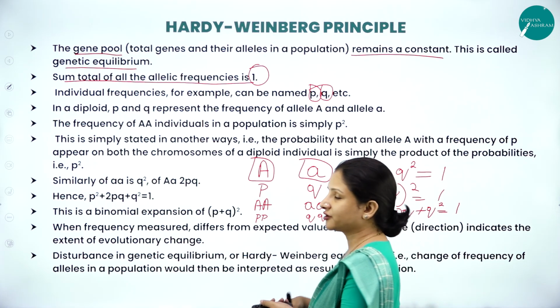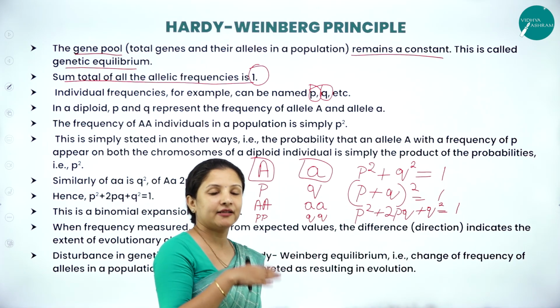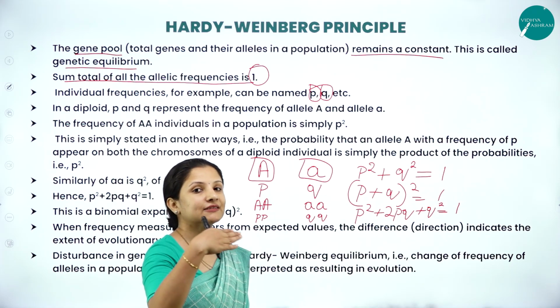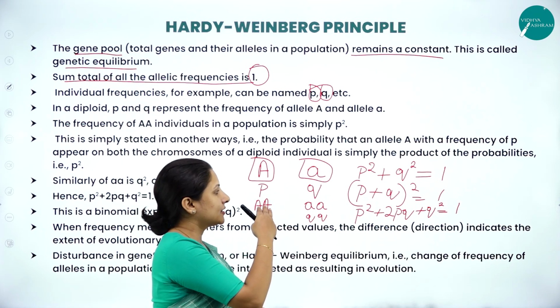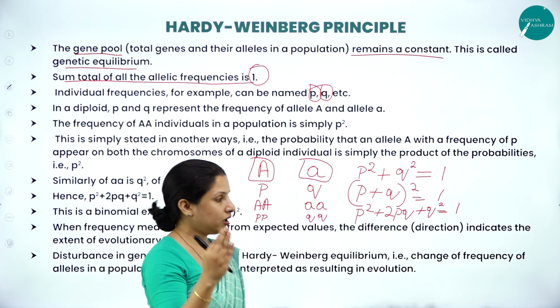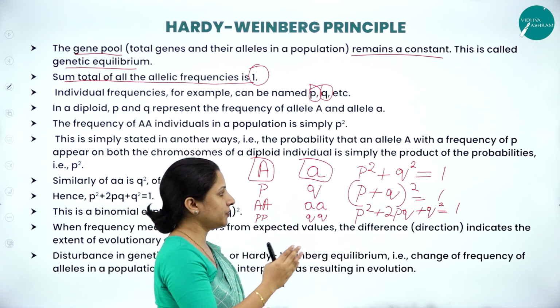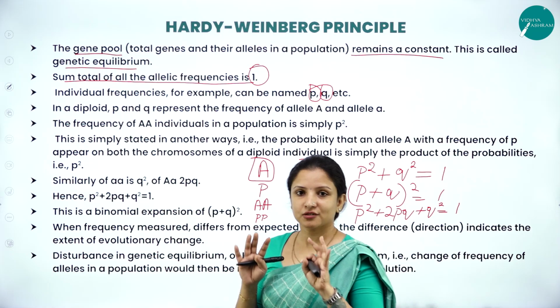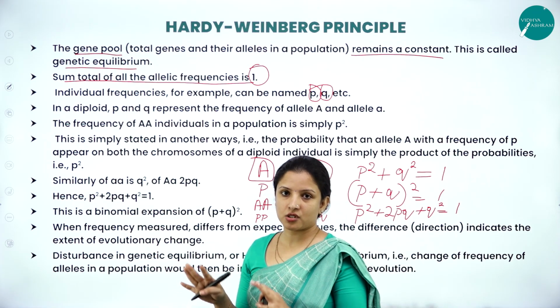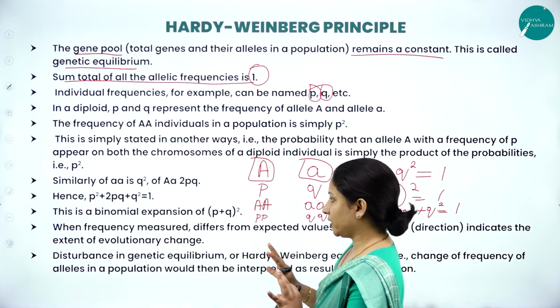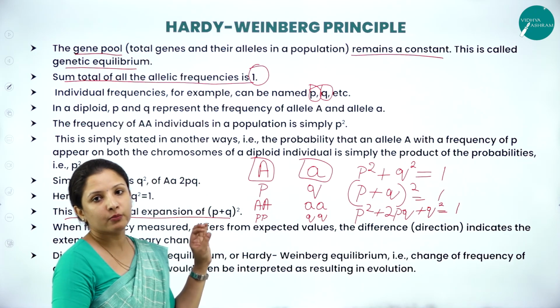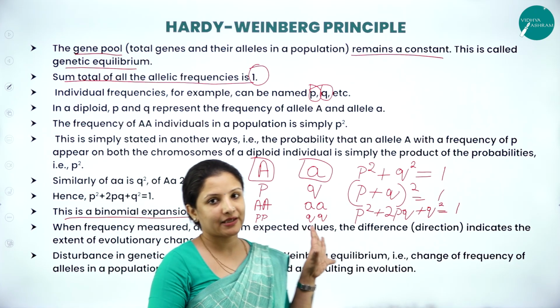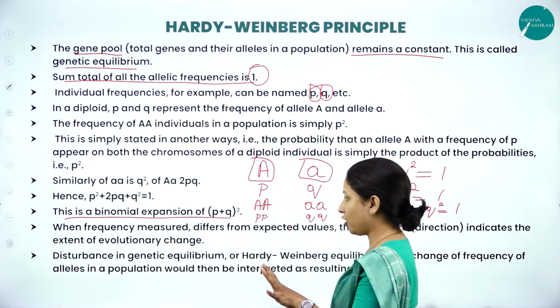Therefore, it is p plus q the whole square, and he said that they are always constant. So therefore, it is equal to 1, and it is attaining equilibrium. Therefore, p square plus 2pq plus q square is equal to 1. And this remains constant throughout generations wherein it will attain equilibrium. And this decides how much evolutionary change has taken place in a particular group of organisms.